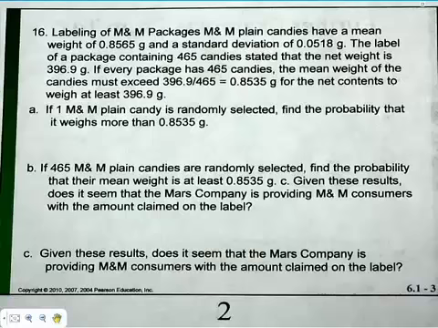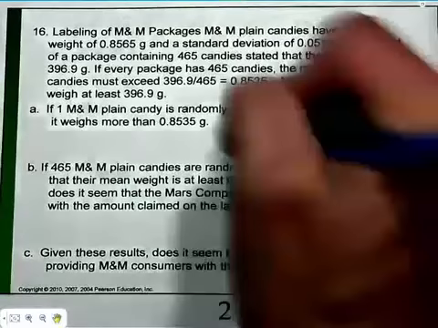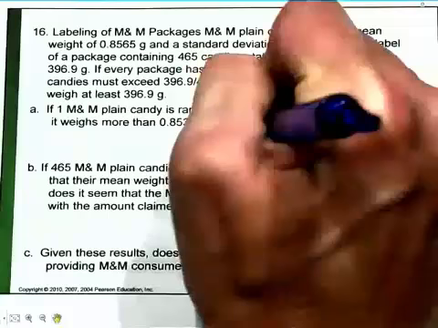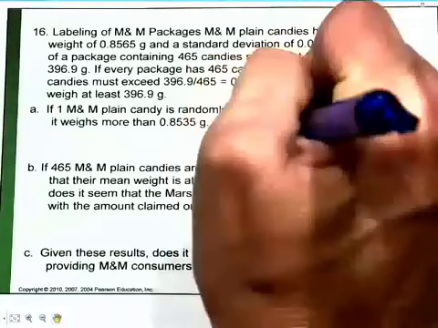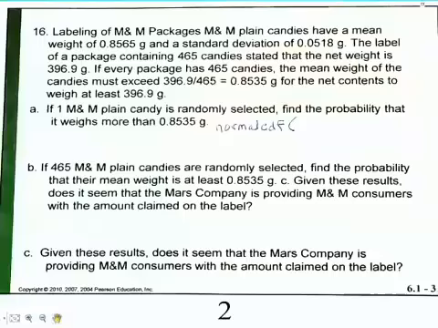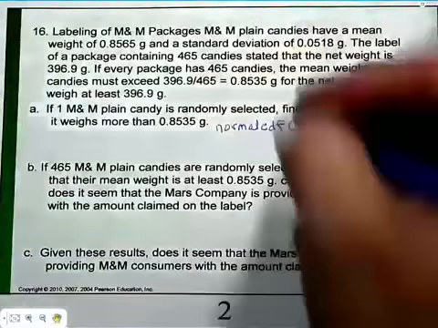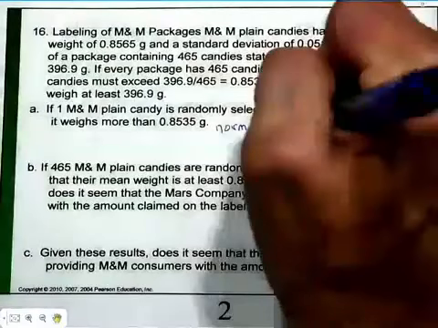Not binomial, normal CDF or inverse norm? Normal CDF because we're looking for a probability. So normal CDF, we're looking for the probability that an M&M weighs more than 0.8535.